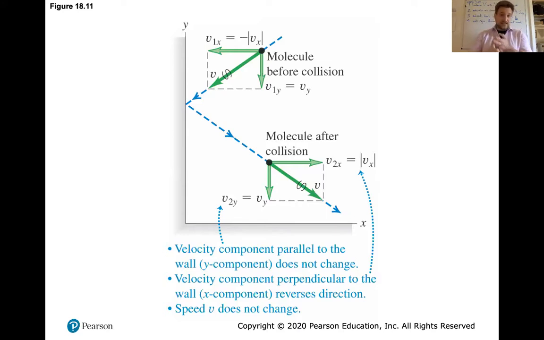The speed needs to be the same, the hypotenuse here, which means the other leg also needs to be the same, just change direction. So the molecule was going to the left with some speed v sub x. Now it's going to the right with the same speed v sub x. We only changed the direction.